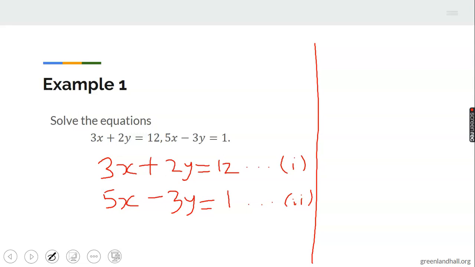So if I multiply this by a factor, this by another factor, and I add the resulting equations together, it is going to eliminate y. That will make sense.